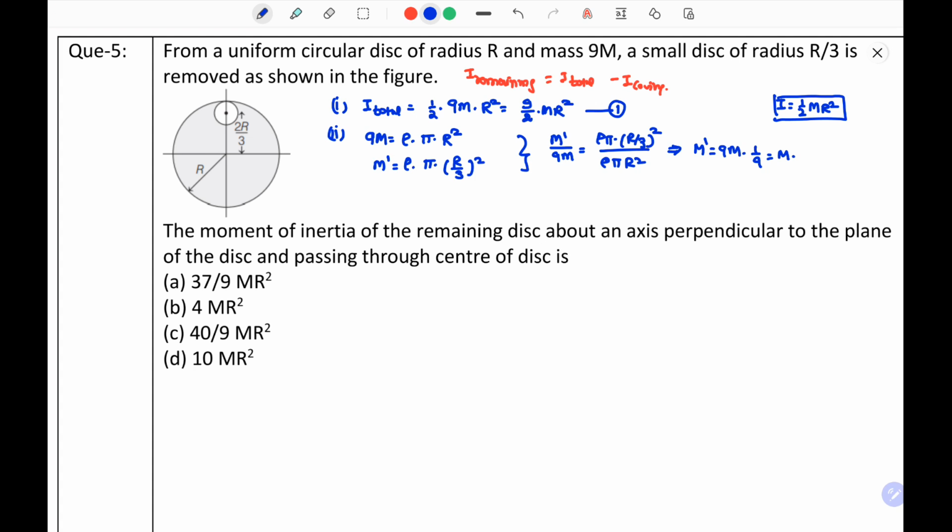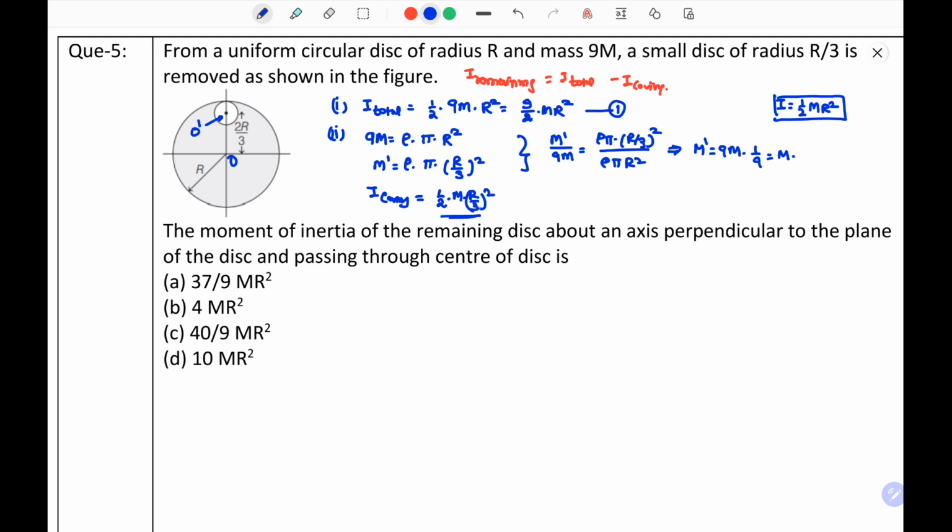So we can say that the moment of inertia of the cavity about the axis passing through the center of the original disk will be equal to 1 by 2 M into R by 3 whole square. This is the moment of inertia of the disk about its own center, say it is O dash.